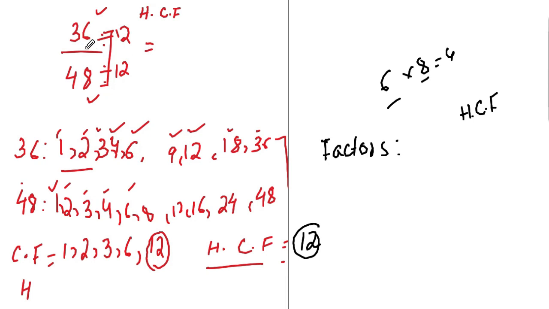So 36 divided by 12 is going to give you 3, that means 12 times 3 is 36, and 48 divided by 12 means 12 times 4 is 48. So this 3/4 is your final answer and your simplified fraction.